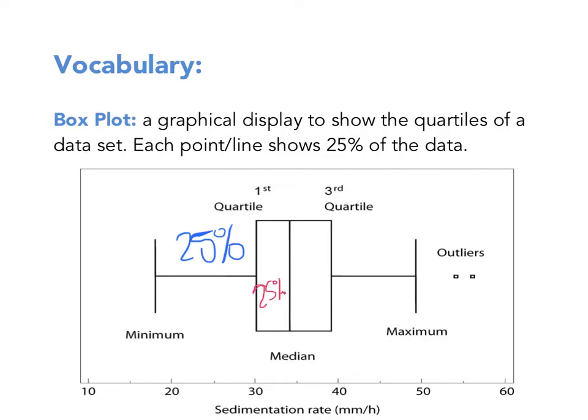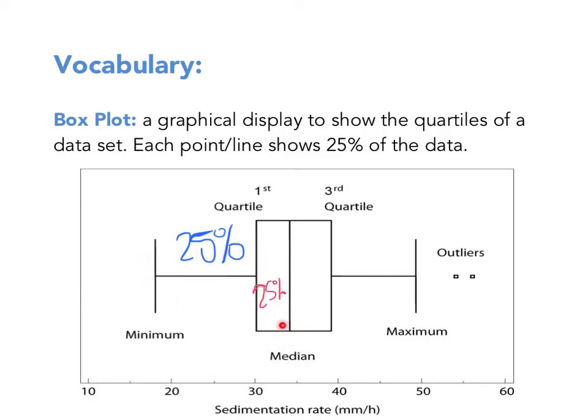So depending on how tight or large the span is of the whiskers, these are called whiskers, or the part of the box, it shows the concentration of data. So there's 25% that has a very small range between the first and second quartile, but the first 25% has a much larger range, hence this longer section.